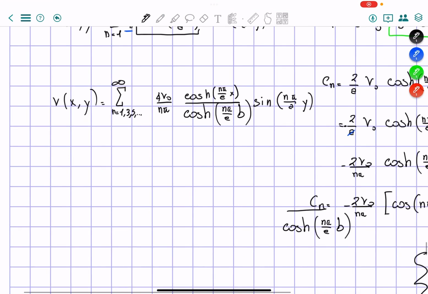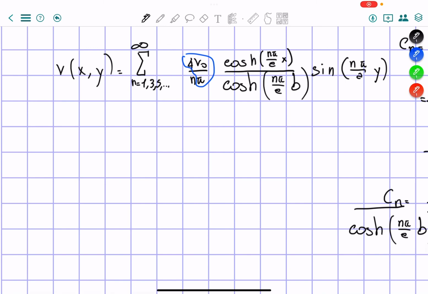Now we can do one more step, and we can see that this part here is actually constant, and we can take it out of the sum. So it's going to be equal to the sum for n equals 1, 3, 5, up to infinity. Sorry, let's take it out.